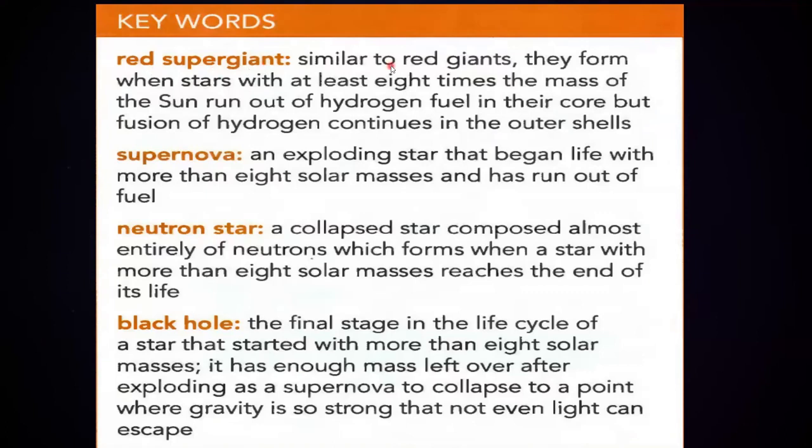The red supergiant is similar to a red giant, but it is formed from a massive star. Similar to a red giant, they form when the stars have at least 8 times the mass of the sun.